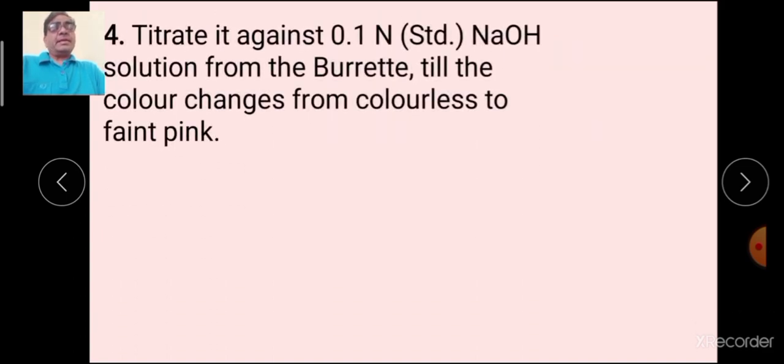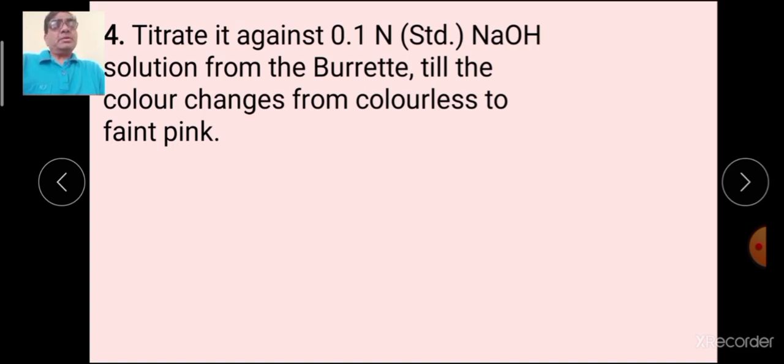Then titrate it against 0.1 normal standard sodium hydroxide solution from the burette till the color changes from colorless to faint pink. Yes, you have to titrate the acid solution with alkali from the burette till the color changes.